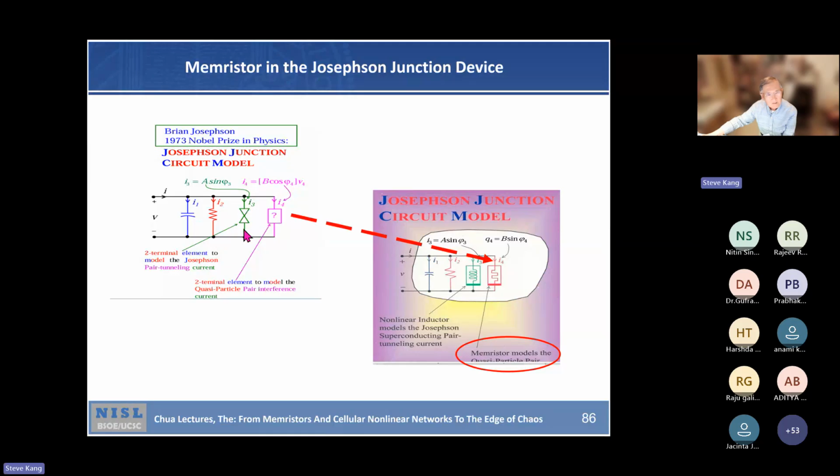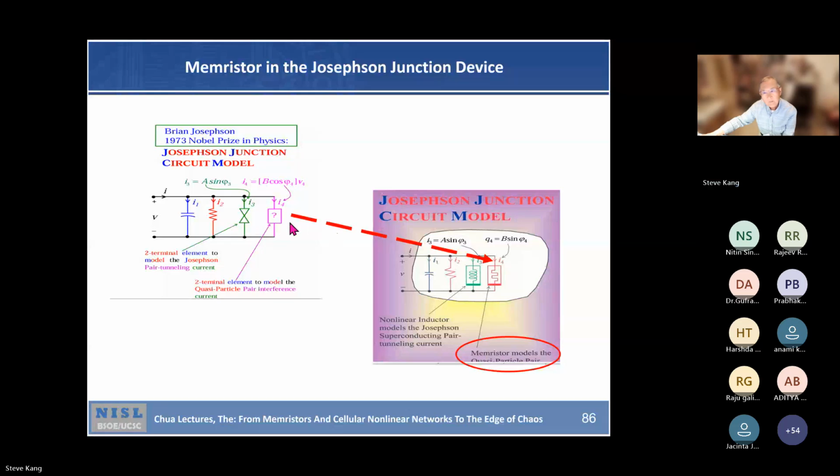This one is interesting. This is a non-linear inductor. And then here is a strange thing. I is equal to B cosine phi multiplied by V. So this is a memristor relationship. I is equal to conductance multiplied by voltage, but conductance is a function of phi, just like a memristor, right?